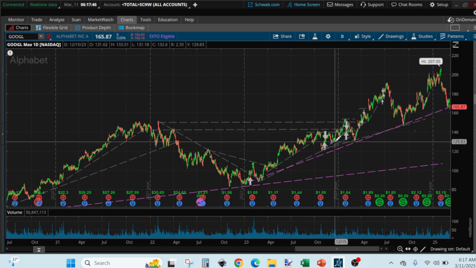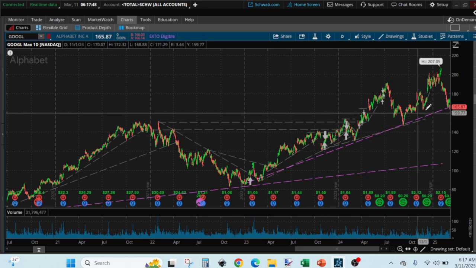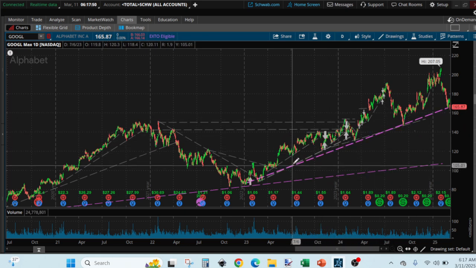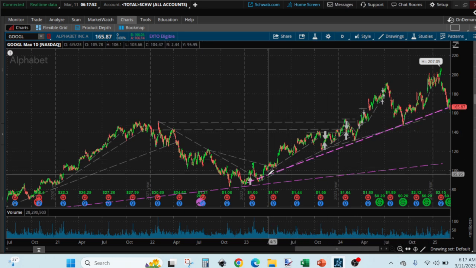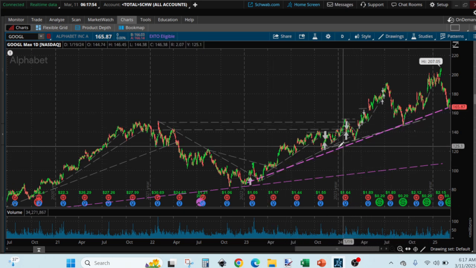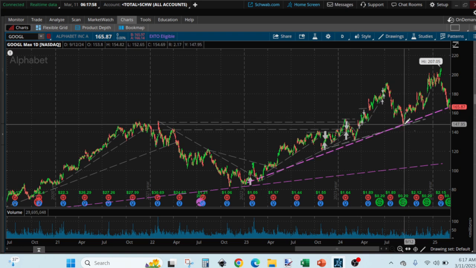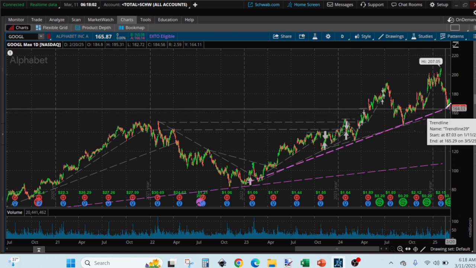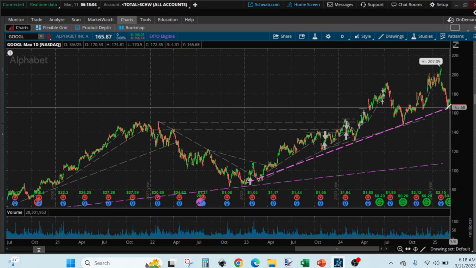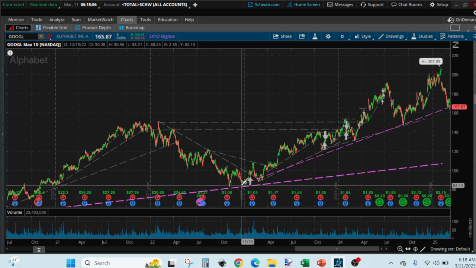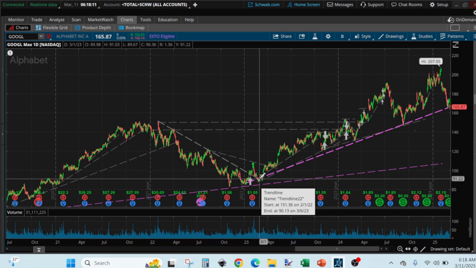because for the past year or so, it touched base with this trend line in March, in June. Yeah, this is March as well, and this is June. No, this is September, and now we are in March. It touched base with it again, and around here was January. Yeah, March.